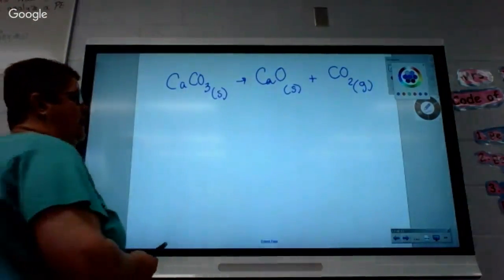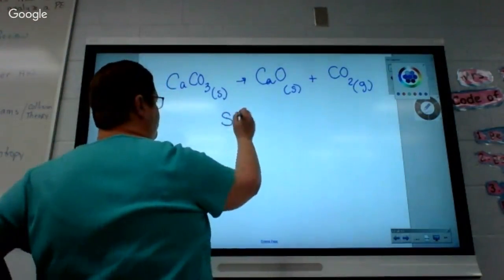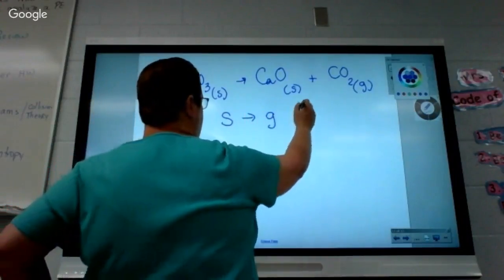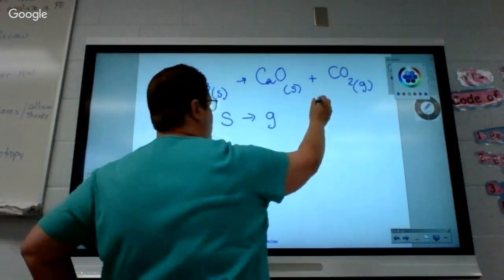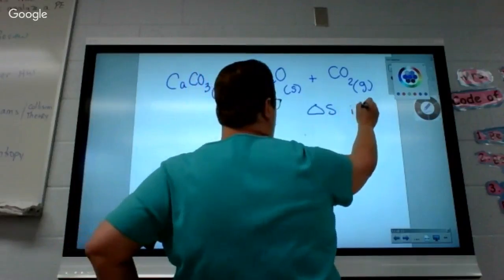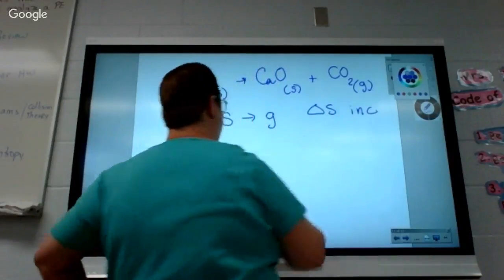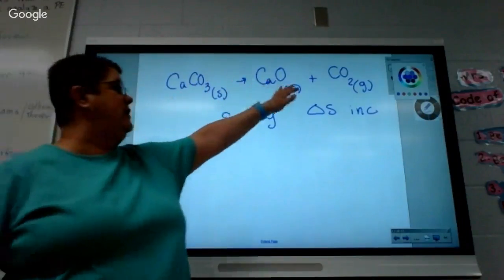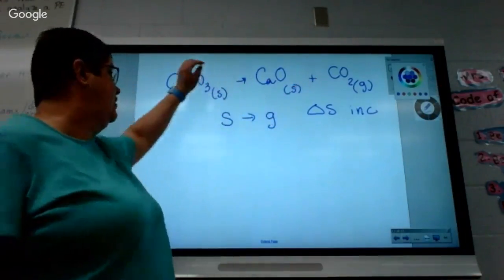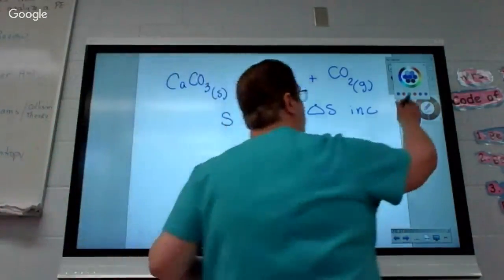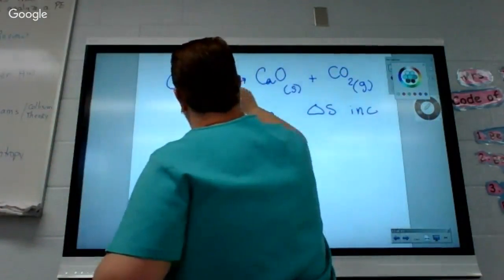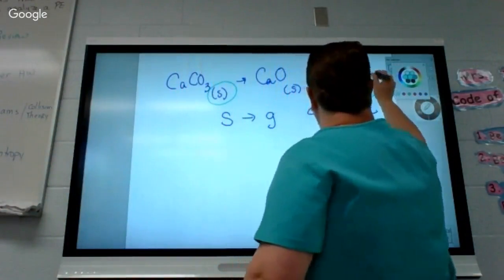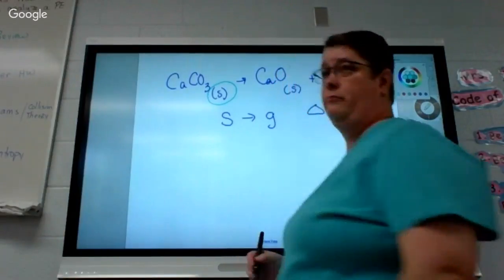Okay, why do you say increasing? Because you're changing from the solid to gas. All right, that would be increasing. That's good. Even though you have a solid on one side and a solid on that side, it's still changing from a solid into a gas. So that's why they said increasing.